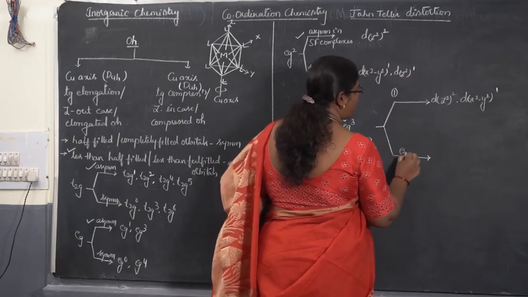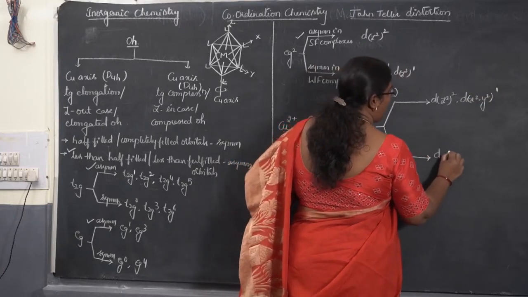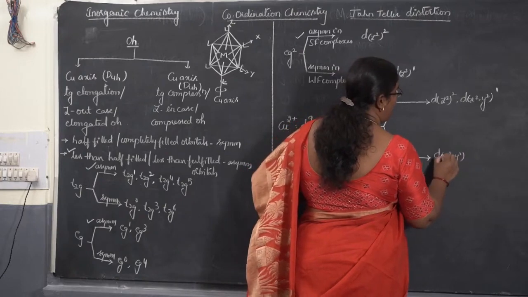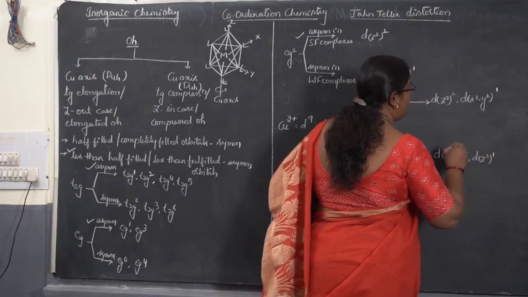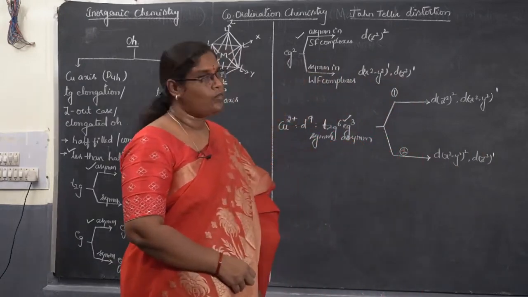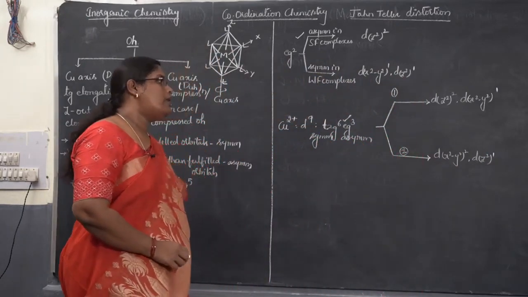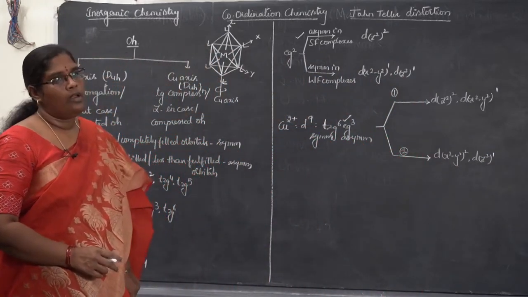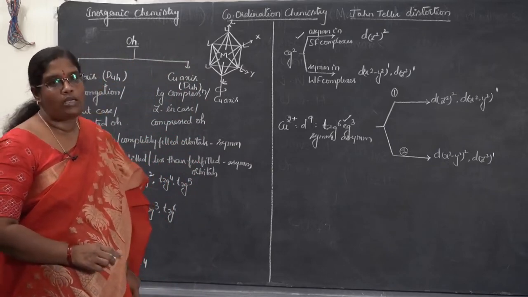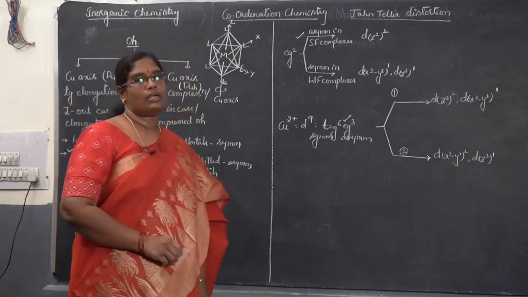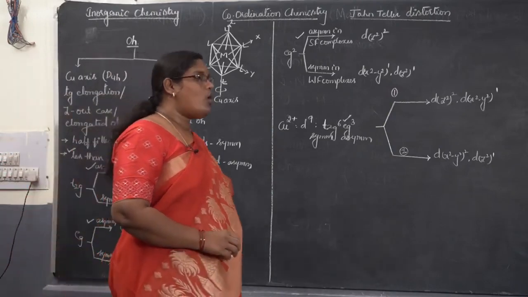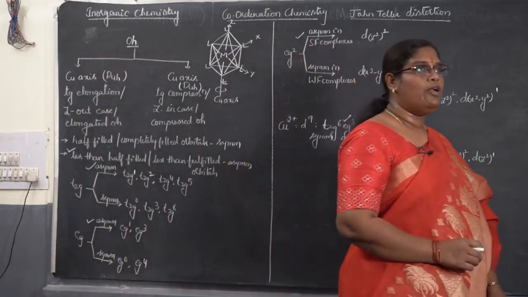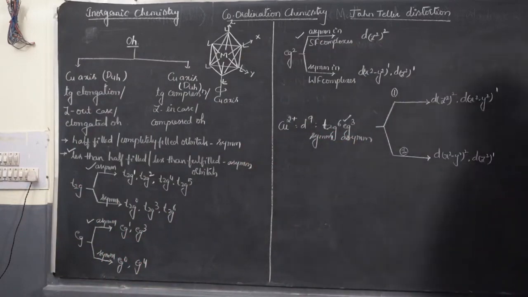Second case, that is two electrons in dx square minus y square and one electron in dz square orbital. Distortion is due to the repulsions caused by metal electrons on the ligand field. Metal electrons repel the ligand field, due to which the distortion occurs.